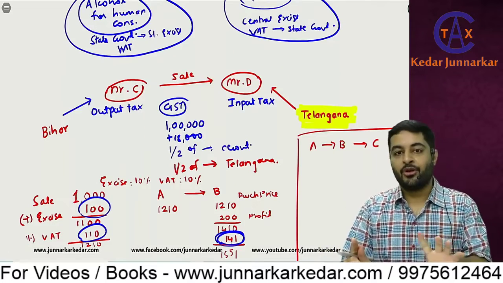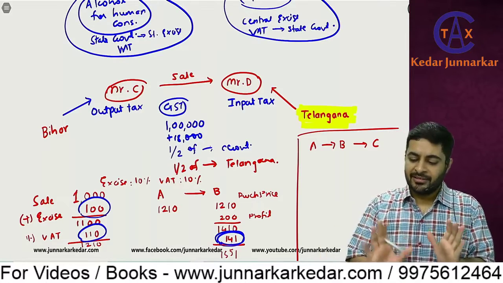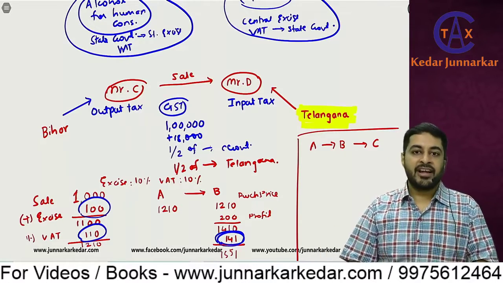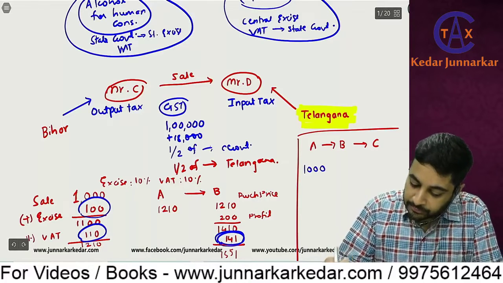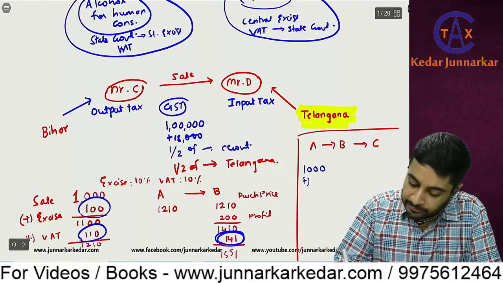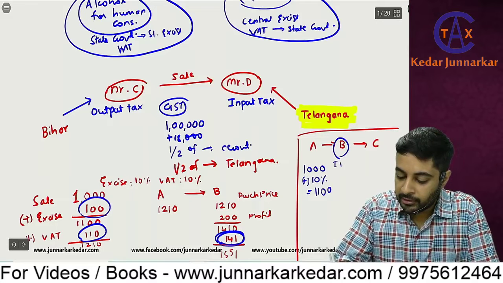I told you already, what is the word, hypothetical? It means general, for only understanding we are taking that rate. So let's say A sells to B goods of 1000 plus 10%, 1100. For B, ITC of 100 allowed.